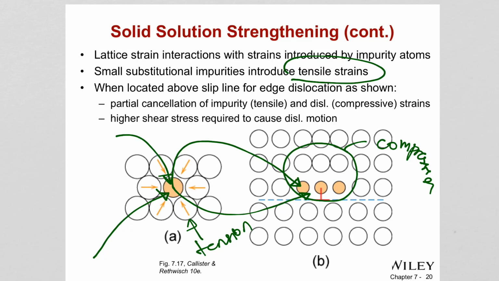Actually now it became difficult for the dislocation to move, because the lattice strain must increase in order for the dislocation to move away from those impurities.